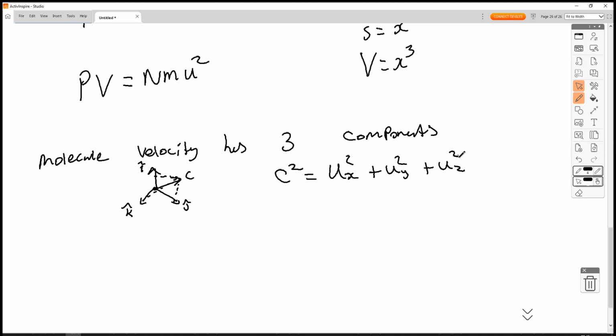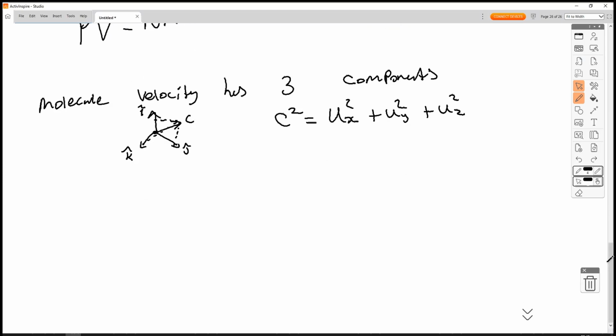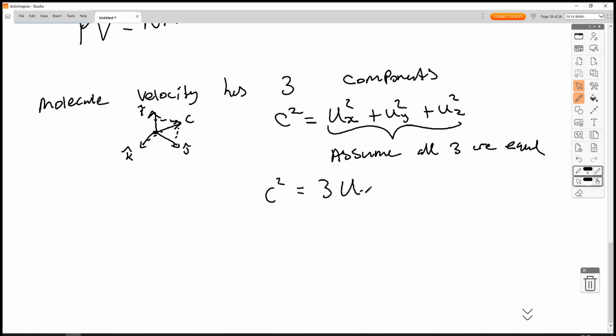We assume it moves in all directions equally. So the easiest way to do that is to just say that all 3 components are equal. So assume all 3 are equal. And that gives us c squared equals 3 times u_x squared.